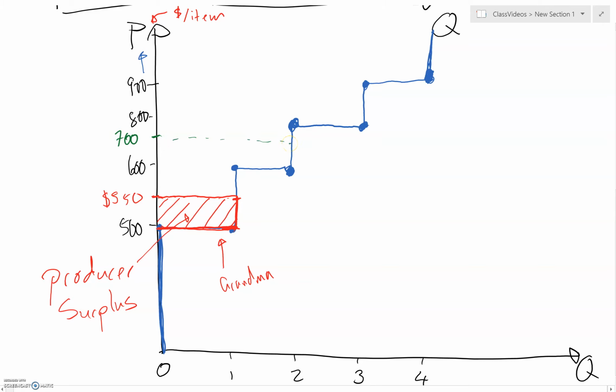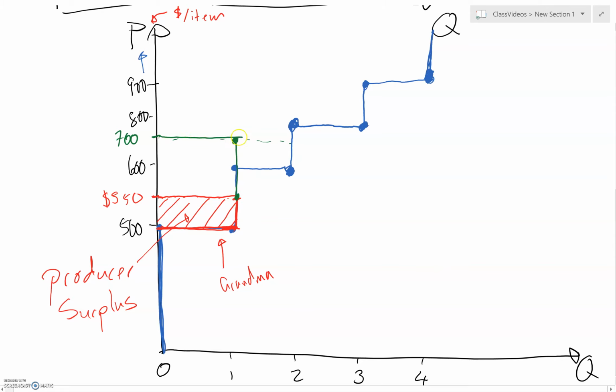You can think about that as a demand curve coming through this part of the supply curve. And so here two things are happening. Firstly, Grandma is still selling her item, but now instead of selling it for $550, she's selling it for $700.